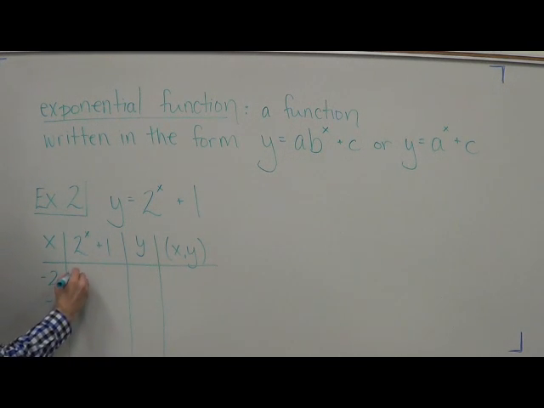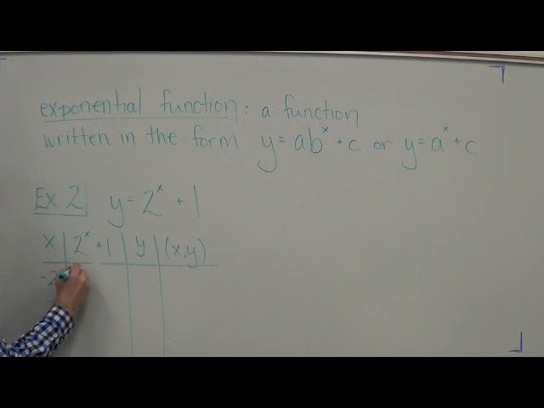So what happens here is we're going to have negative 2 to the negative 2 power. So remember, when we have a negative exponent, that means to flip it. So that means we're saying 1 over 2 squared, which is 1 over 4. So let me write this a little smaller so that I can actually write this out for you.